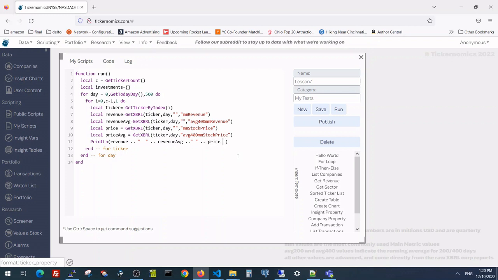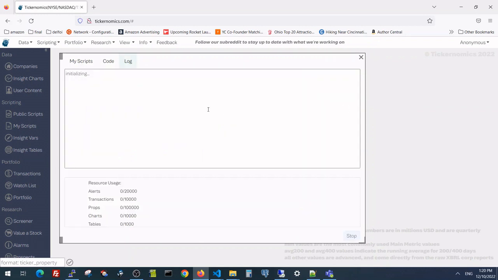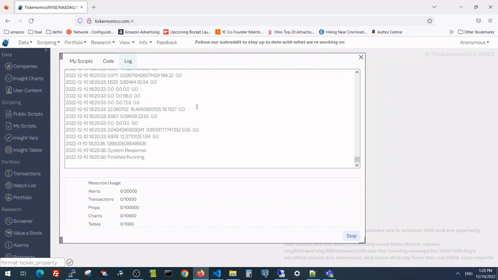Price and price average. I just want to see if numbers look good, because we don't want to base our investments on wrong numbers. Okay.